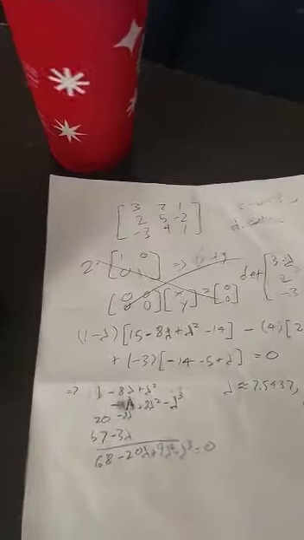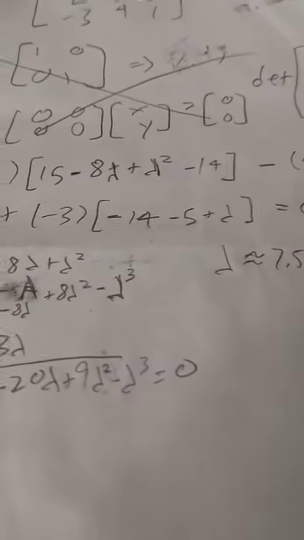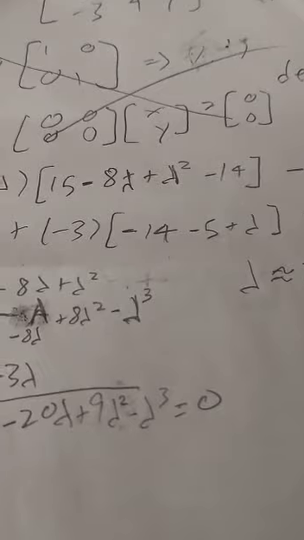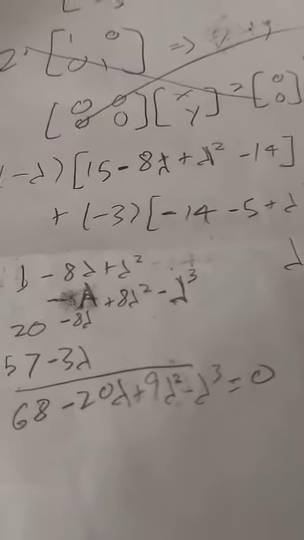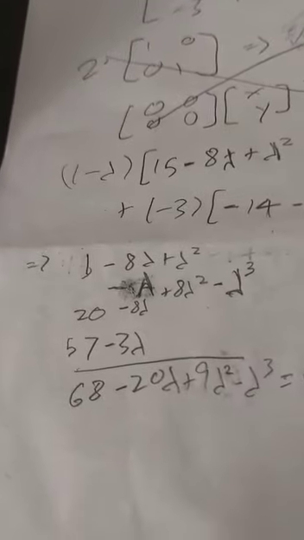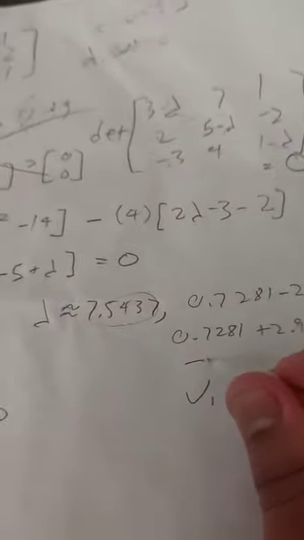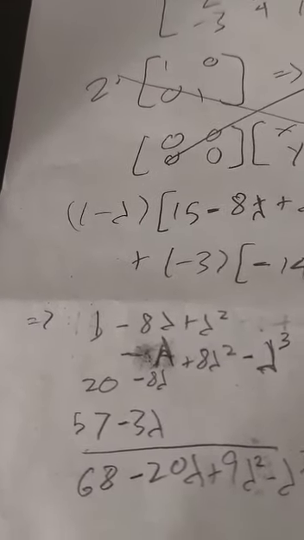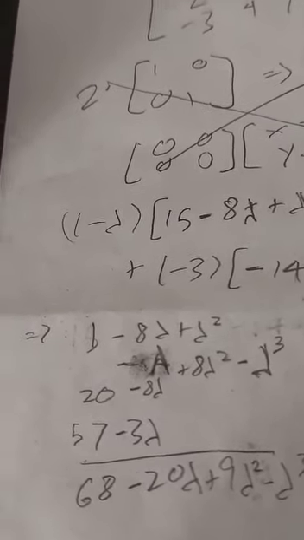How you do it is, given some eigenvalue, for example I'll plug in roughly 7.5, then you'll have the eigenvector, we'll call it v1, equal to the null space of the matrix minus the eigenvalue on the diagonal.